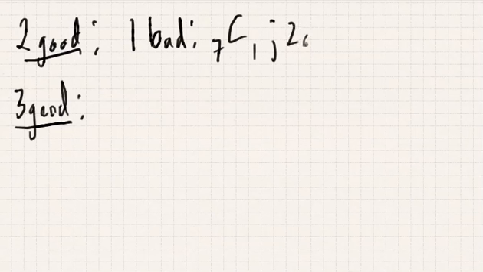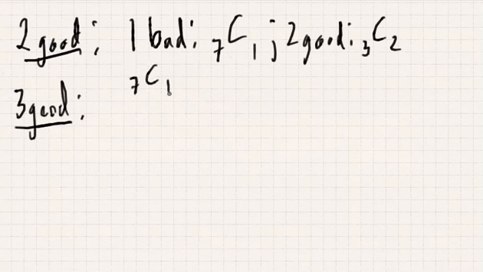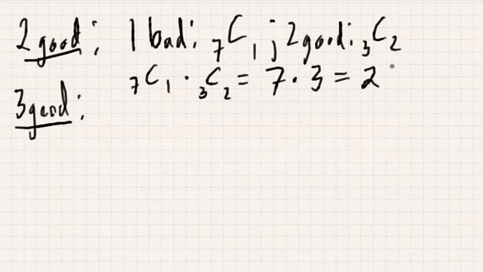The 2 good batteries, there are 3 good batteries, so I'm choosing 2 good batteries out of the 3. So the total number of ways is 7 choose 1 times 3 choose 2, which is 7 times 3, equal to 21.